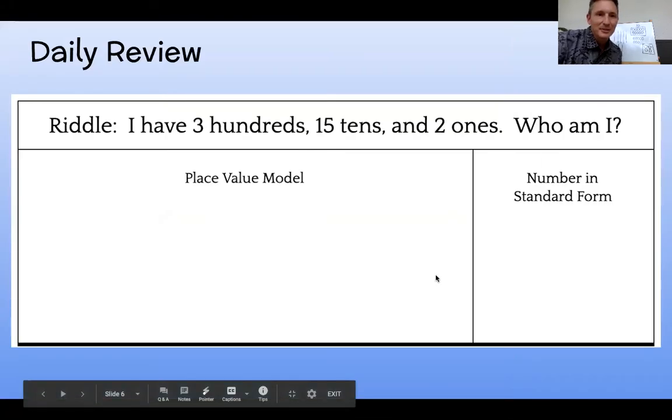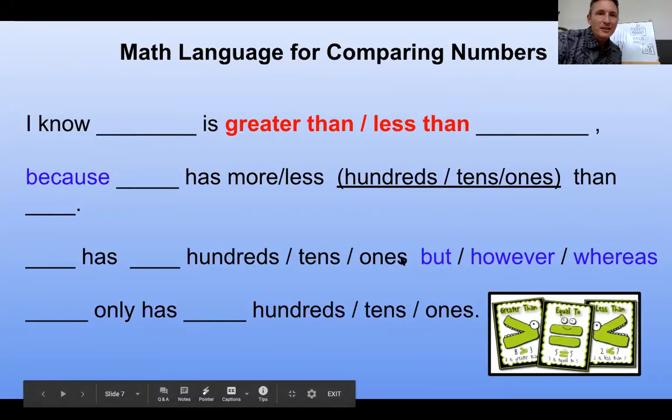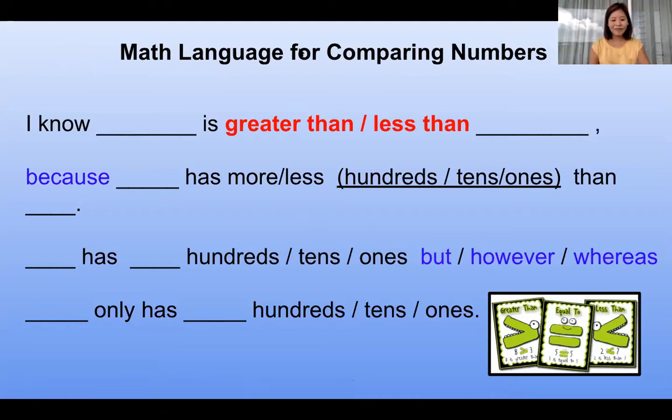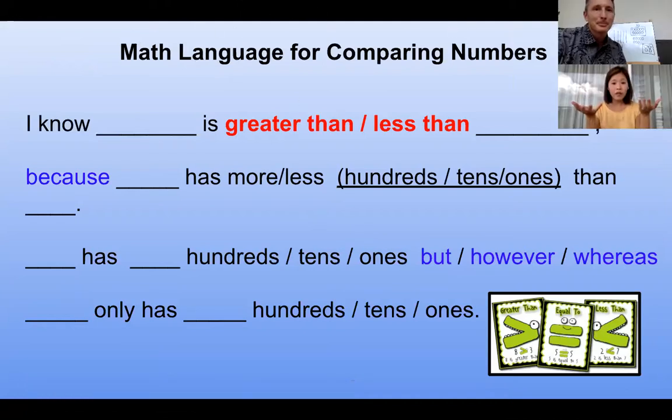Let's go to our next one. Today you are going to be comparing 3-digit numbers. When you compare 3-digit numbers, you need to explain which number is greater than, less than, or equal to another.